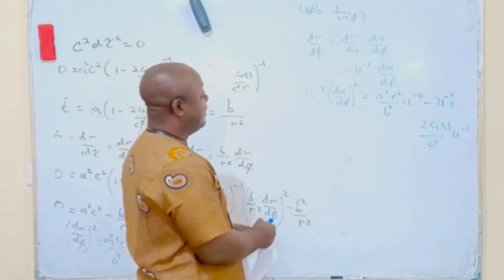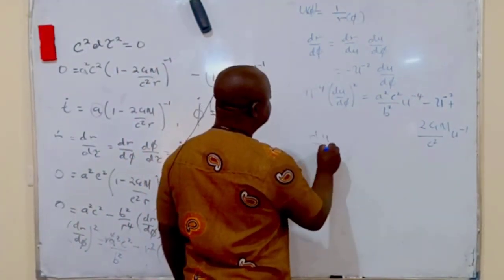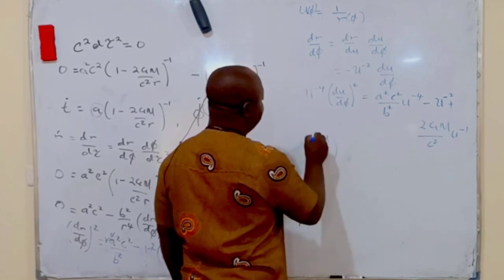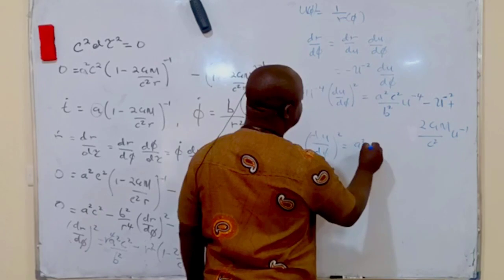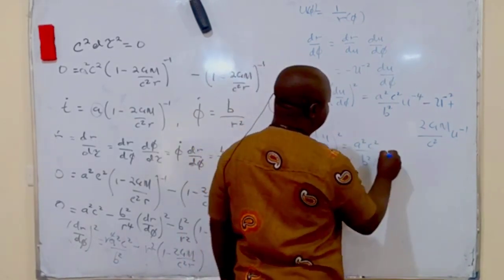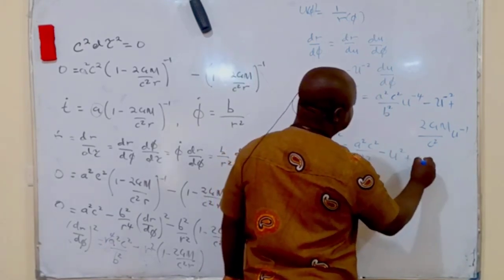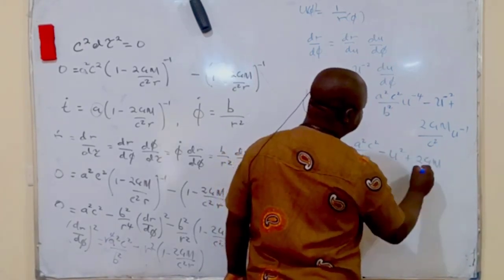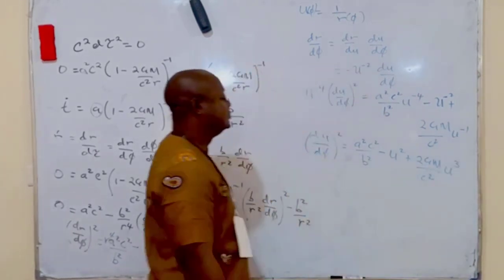So if we multiply all through by u to the power 4, we are going to have du d phi squared equal to a squared c squared over b squared minus u squared plus 2 gm over c squared u cubed.